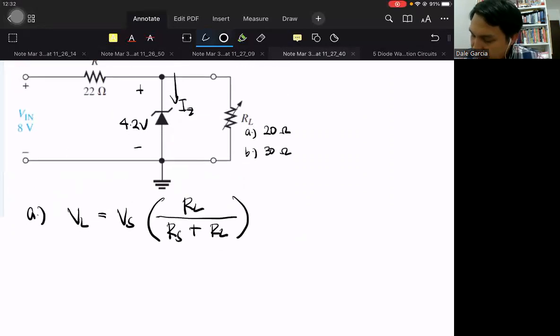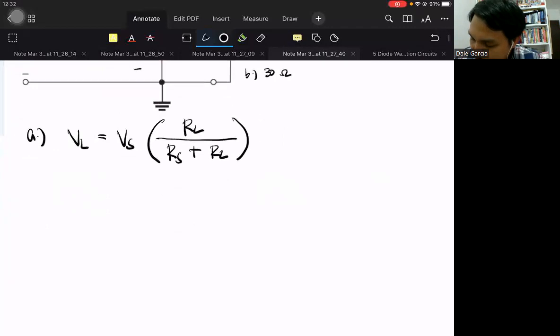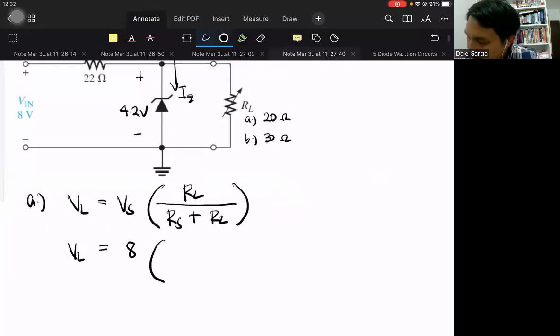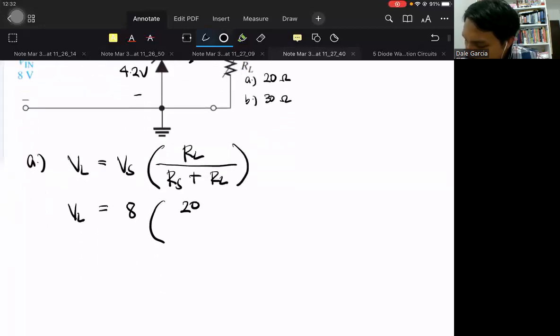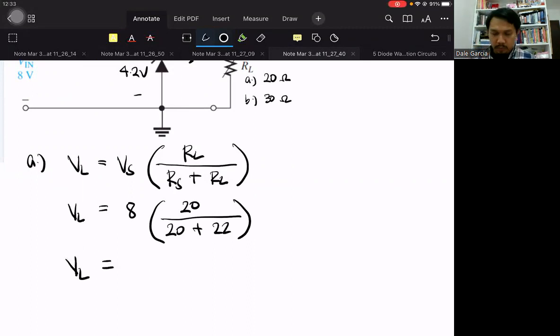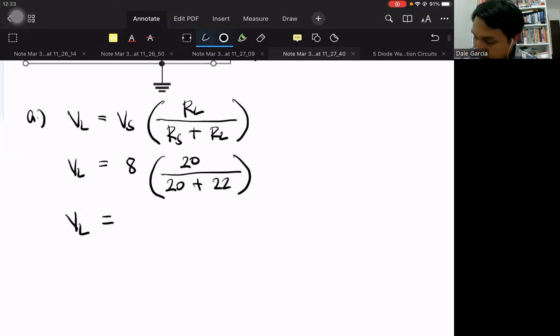So given 8 volts. So VS is equal to 8 volts. RL is first 20 ohms. 20 over 20 plus 22. Now it's 3.81 volts.